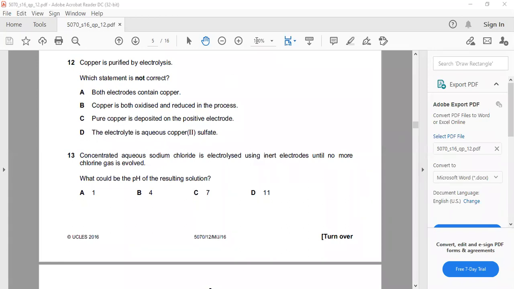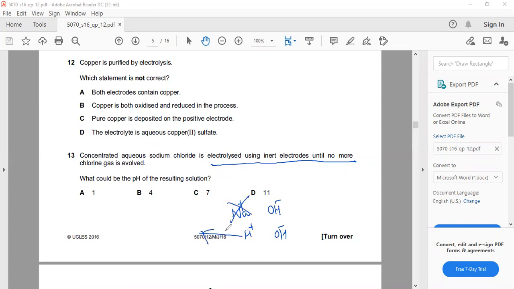Concentrated aqueous sodium chloride is the electrolyte, with inert electrodes. What would be the pH of the resulting solution? So what are the ions? Na plus, H plus, OH minus from water. Na does not discharge.